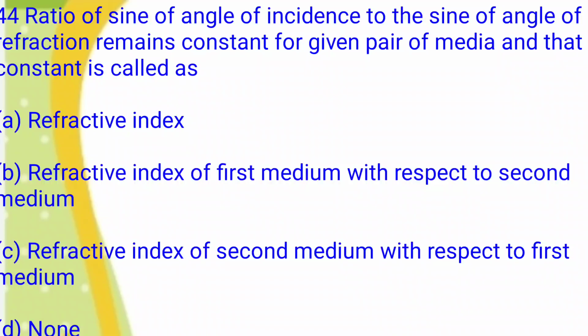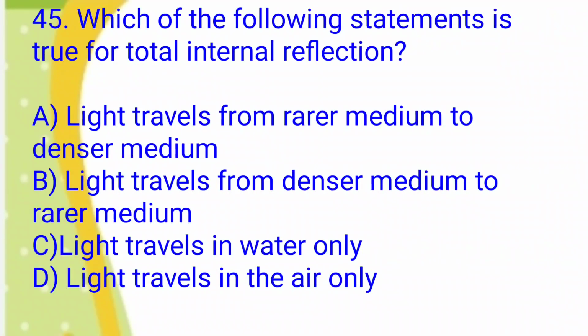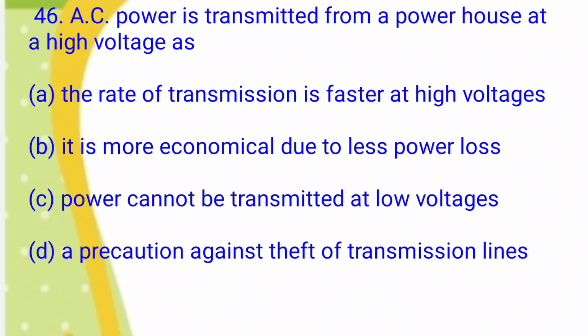The ratio of sine of angle of incidence to the sine of angle of refraction remains constant for a given pair of media, and that constant is called the refractive index of the first medium with respect to the second medium, option B. Which of the following statements is true for total internal reflection? Light travels in water only.